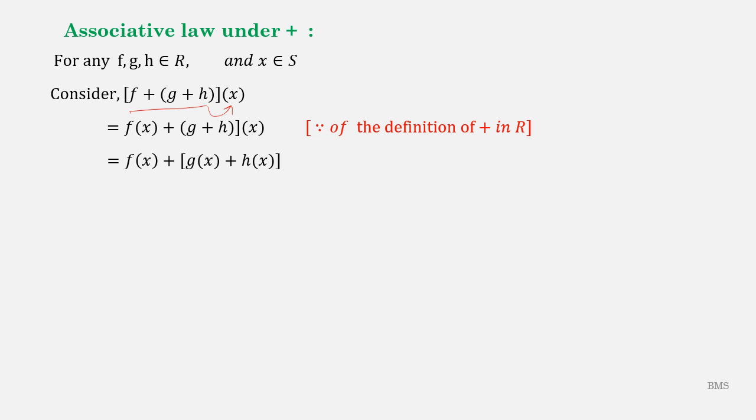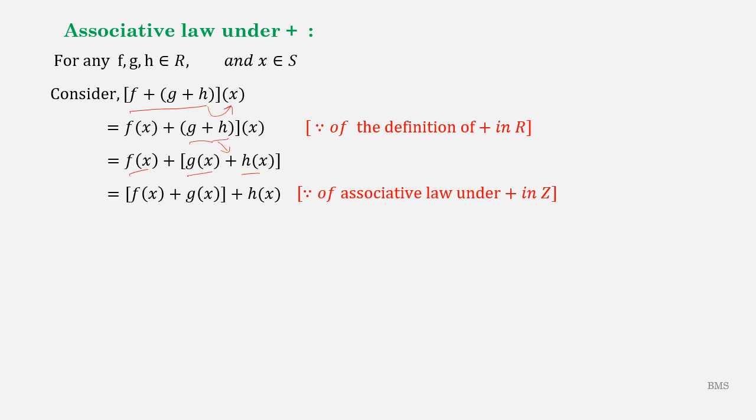Now again using the same definition, (g plus h)(x) is written like this: g(x) plus h(x). Now these f(x), g(x) and h(x) are integers. You remember, these are integers. So you can club like this: (f(x) plus g(x)) plus h(x). This is because of the associative property in Z. Because these are integers, the associative property yields this result.